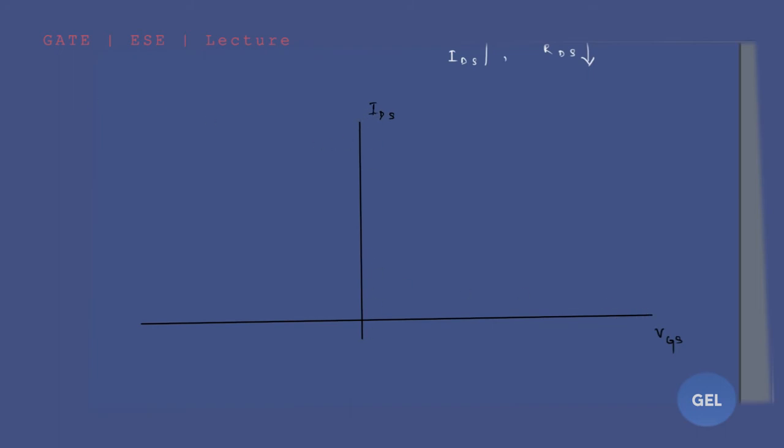So you can look here carefully, my dear friend, look here carefully at a zero value of VGS, we are having a current.